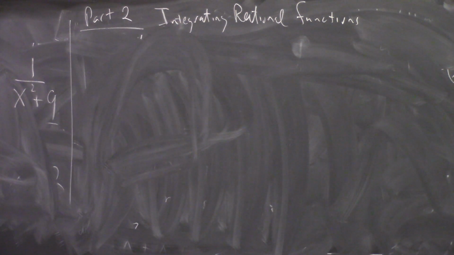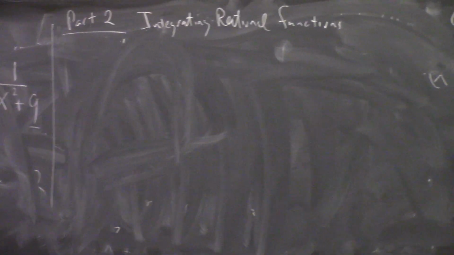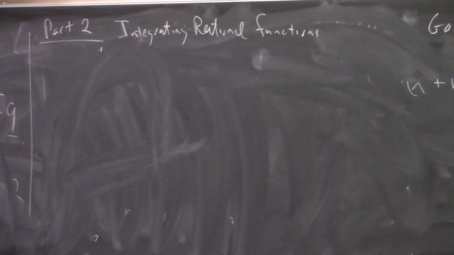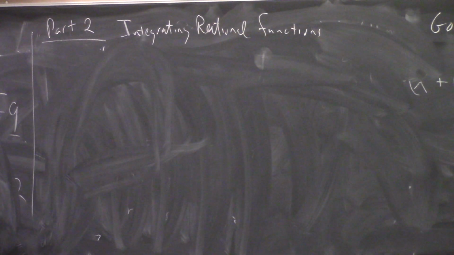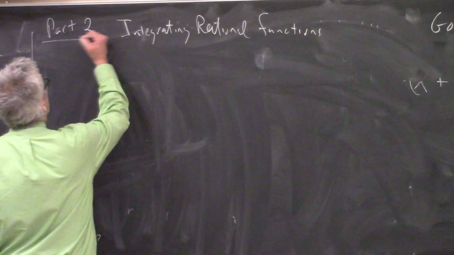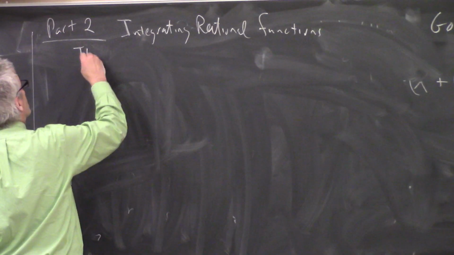So if you're given a rational function and it's improper and you want to integrate it, first thing you should do is rewrite it as a polynomial plus a proper rational function. Because you can always integrate a polynomial, and then you just got to figure out how to integrate a proper rational function.